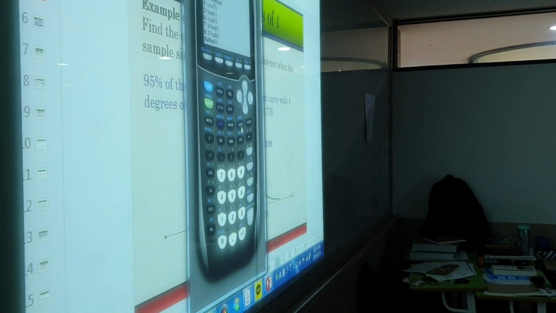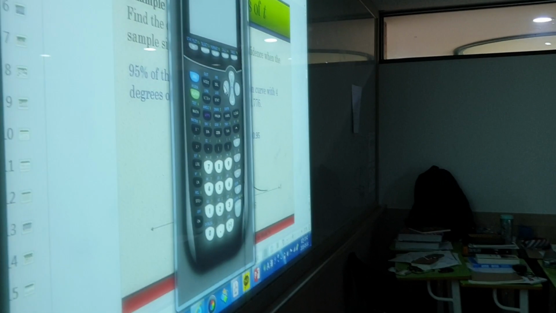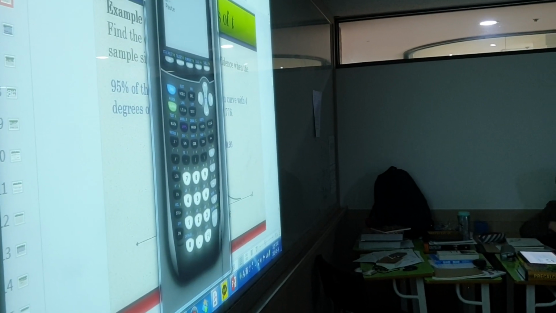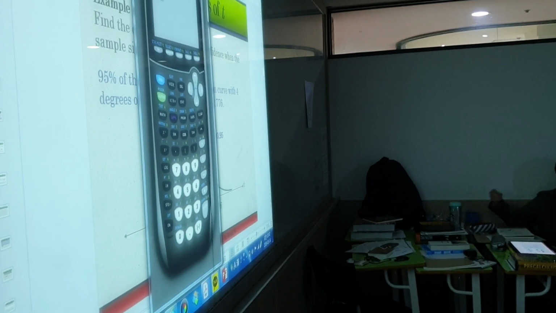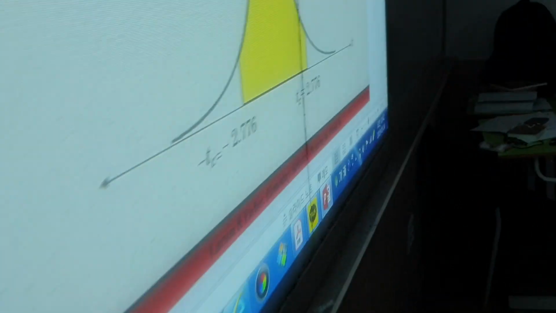Second distribution and 6. And you can use lower bound and upper bound and degrees of freedom. Then you will get the interval for the confidence interval.